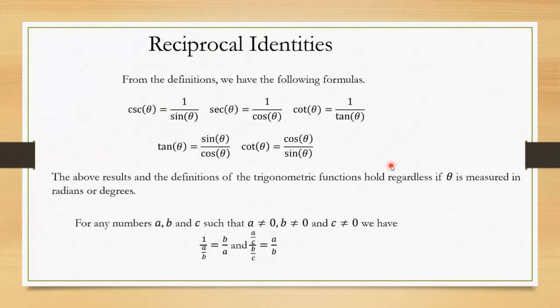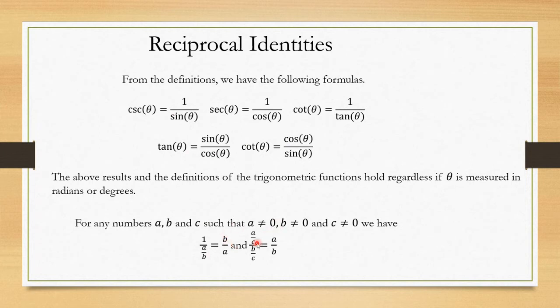All right. When you work with these 1 over expressions, this is a good identity to know. When you have 1 over a fraction, you're taking the reciprocal of it, which means you're inverting it. That's what this is telling us. 1 over a fraction means you're turning it upside down.